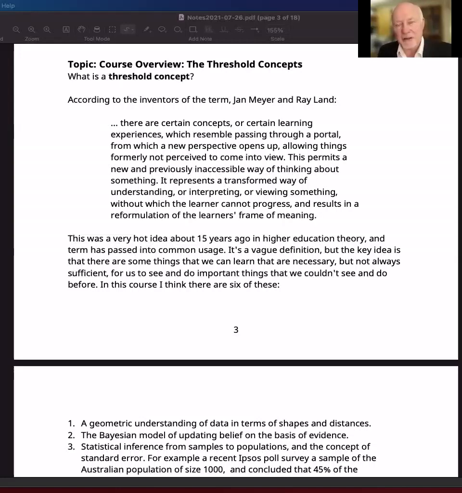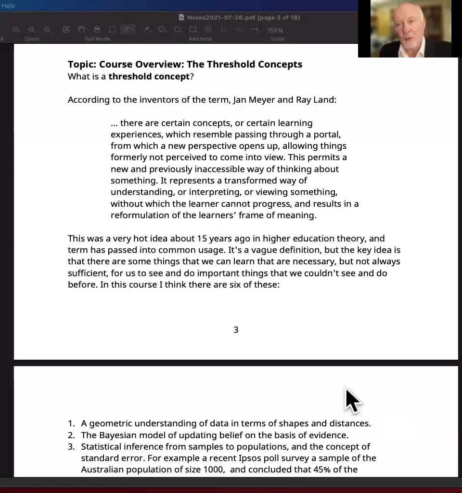So the key idea is that there are some types of generally quite complex skills and concepts that are very difficult for most people to initially grasp or obtain. But once you've got them, they kind of open a door so that you can see new things and you can see things in a new way. And many disciplines have concepts that are like this.